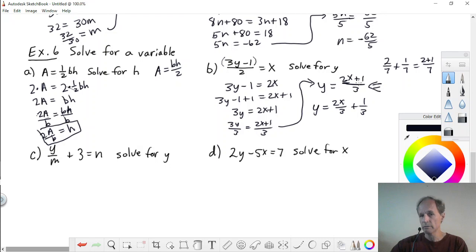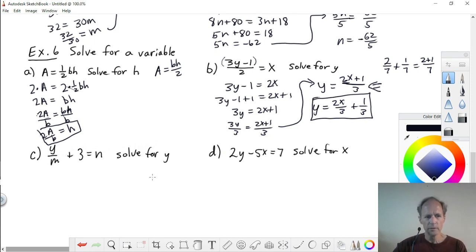You have y equals and all the other variables and so on. In this case, x is the only other variable. That's good enough. But this is probably the way it's usually going to be written in a textbook or something. So I'll put the box around this one. Either one is really okay.